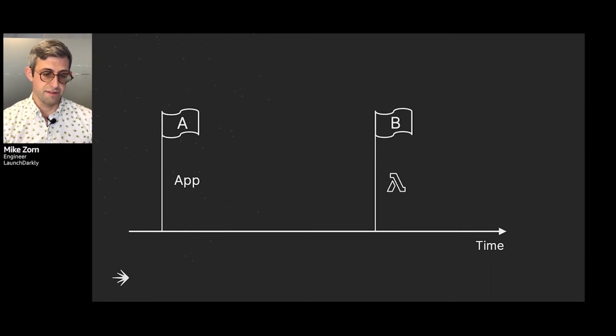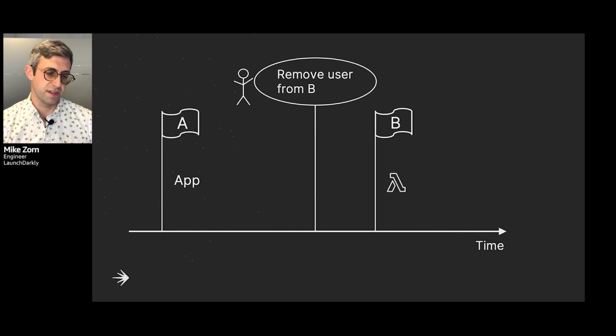But there's a bit of a problem because these two evaluations happen at two different points in time. And when there's a gap in time, something could happen. Like for example, you remove a user from the B flag, which is the one that governs where the data is processed, after it got written to the queue.